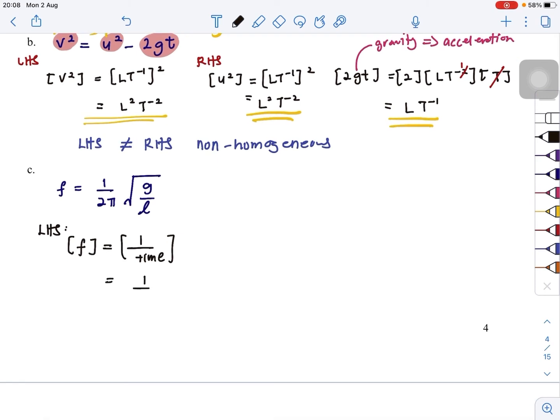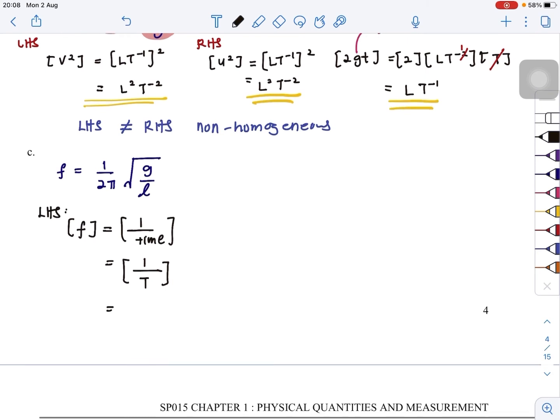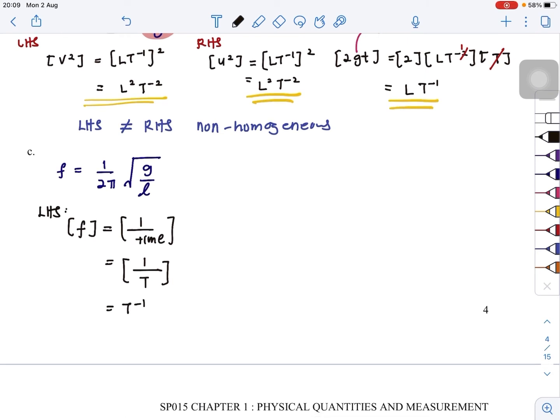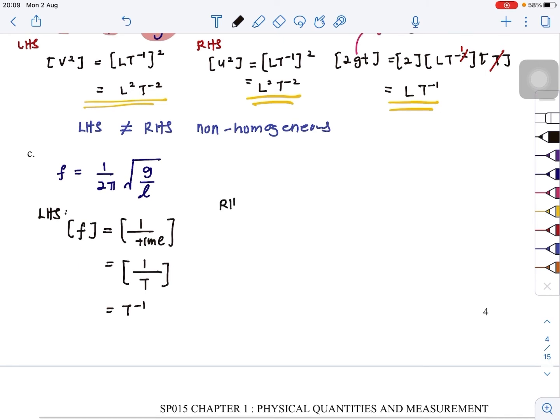So, time dekat sini, dimension dia adalah T. So, bermaksud dimension for frequency is 1 over T. Ataupun boleh tulis sebagai T to the power of -1. Okay, and then right hand side, we have 1 over 2 pi square root of g divided by L.